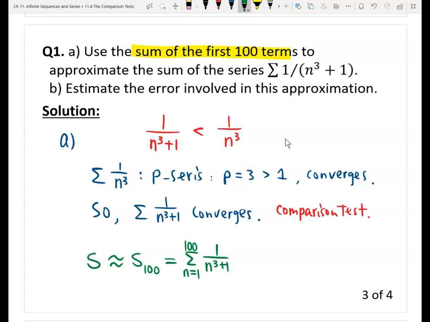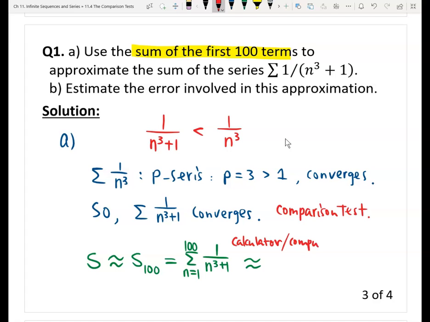Of course, you may say this is too big a calculation. It's not so big. You can either use a calculator, or you can use a computer program.